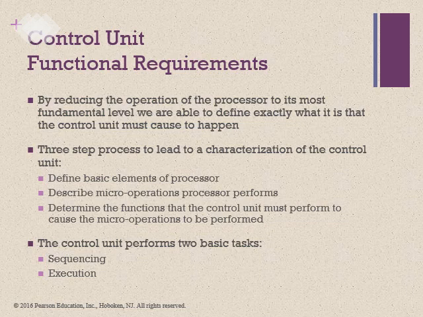By reducing the operation of the data processor to its most fundamental level, we are able to define exactly what it is that the control unit must cause to happen. Those functions that the control unit must perform are called functional requirements. This is the basis for the design and implementation of the control unit.